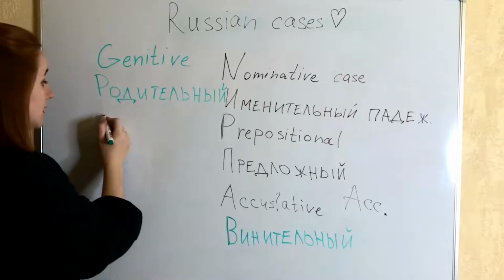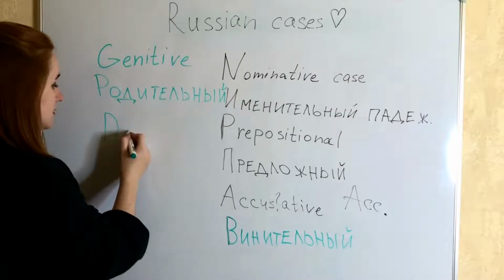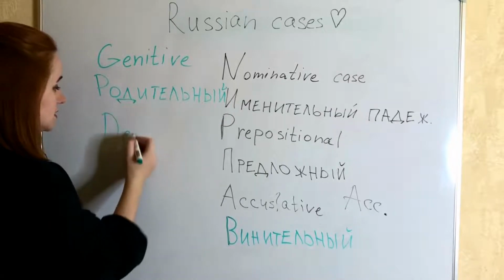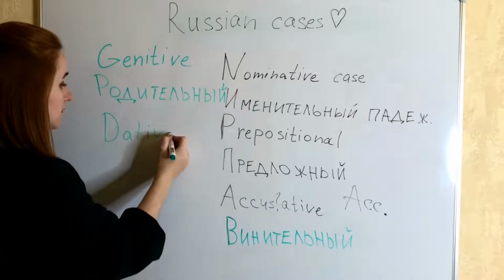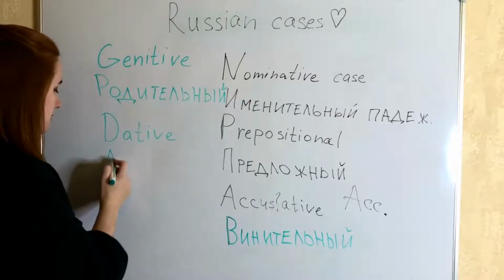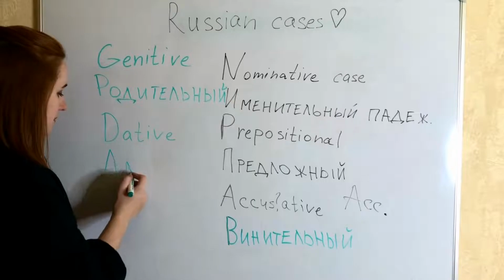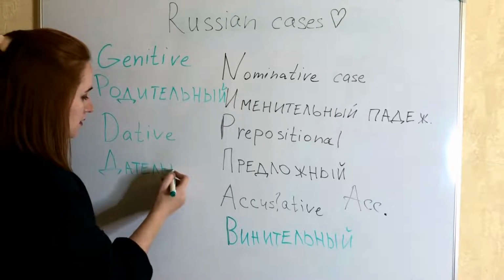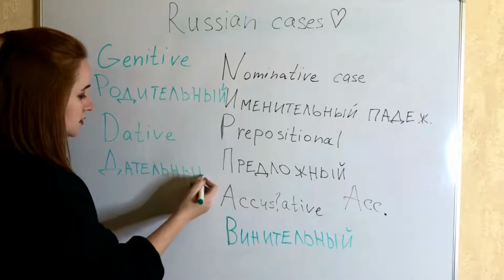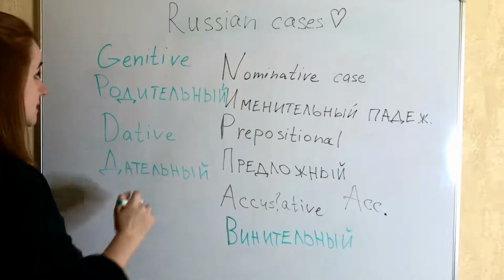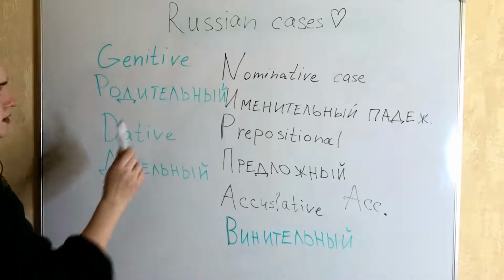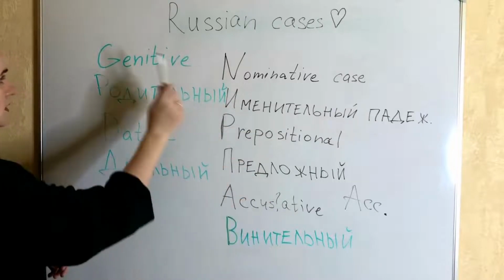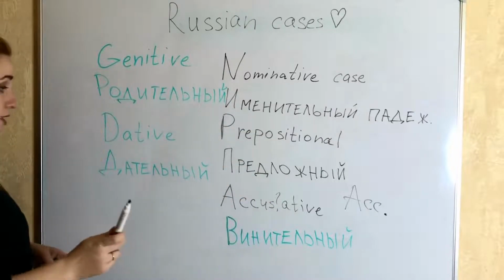Родительный. Dative case. Дательный. Dative is дательный. Dative case. And 1, 2, 3, 4, 5. Раз, два, три, четыре, пять.